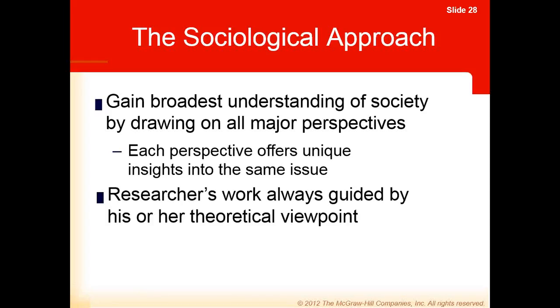So when we talk about looking at racism, as we see, there are all different ways we can look at it. We can look at the effect it has on individual lives. We can look at the effect on opportunities offered to people, and we can look at the effect on denying society the benefit of full participation by everybody. But researchers will have tendencies to be focused more in one area or another.